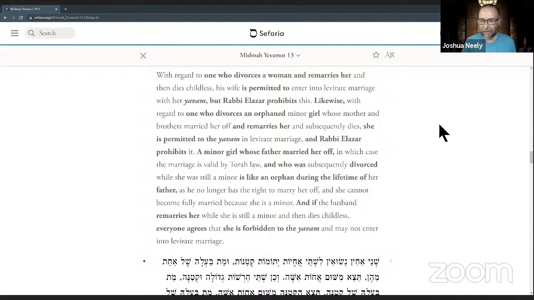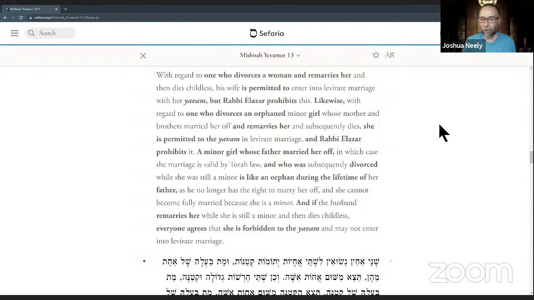Similarly, in the case of one who divorces the orphaned minor girl, which is the category that we call for a girl that is without her father, whether it is her mother or brother who has married her off, or whether it is indeed herself after her father had married her and then that first relationship was dissolved. Likewise, in that situation, he divorces but then remarries her and then he subsequently dies, she is still permitted to do Yavam in the levirate marriage.